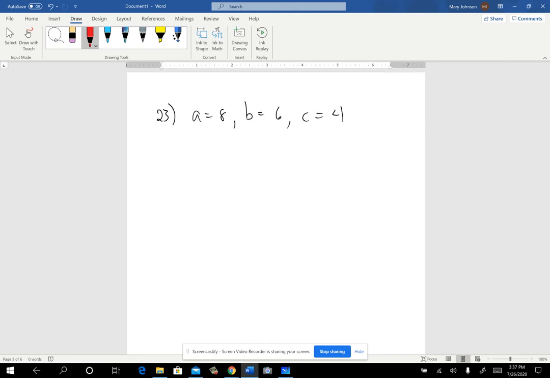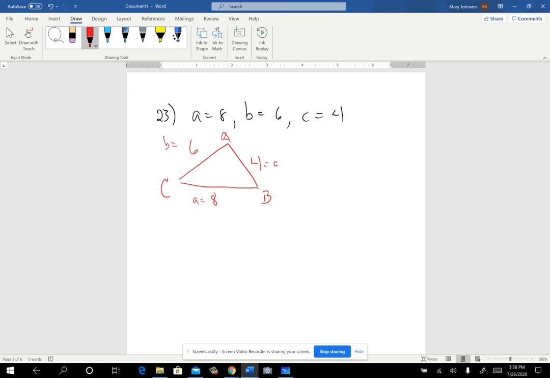Wanted to look at 23 because this one's just a triangle. So you have 3 sides, okay? And you're given little c, little b, and little a, and you need to find all the angles. So you can't use the law of sines. You need to use the law of cosines. And so you could make this problem a lot harder than it needs to be if you don't set it up right.